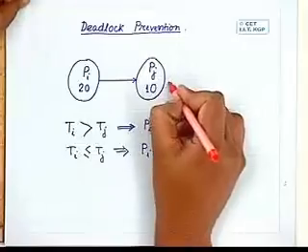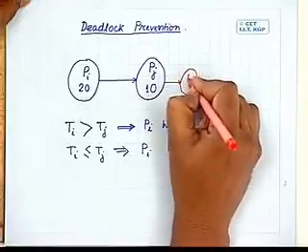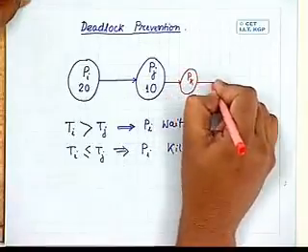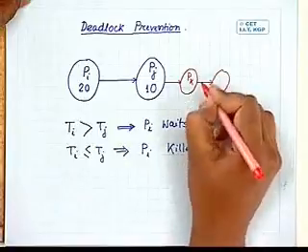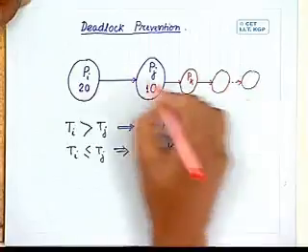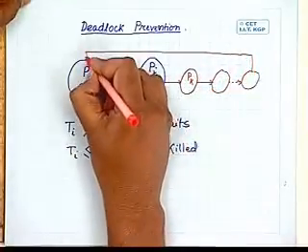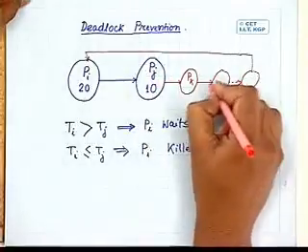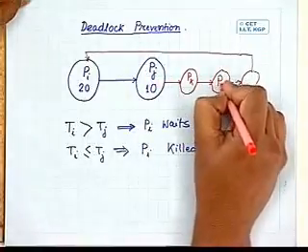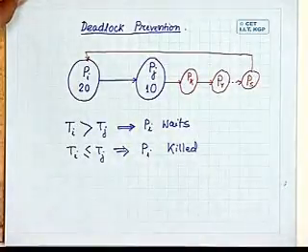Because I can have a circular wait condition if the situation is like this: there is a process Pk, and so on.